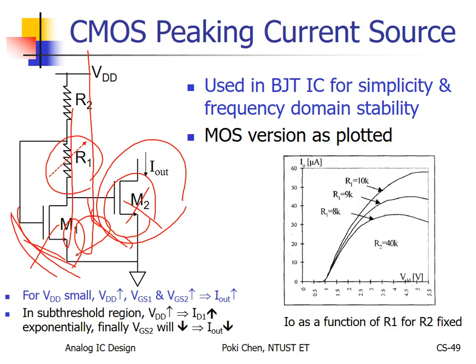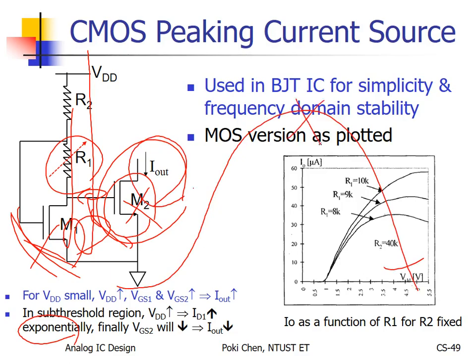So after some time, the voltage will reach the maximum and go down, okay? According to such kind of exponential increase. All right? So the final output will look like this, then go down. You have some kind of peaking.